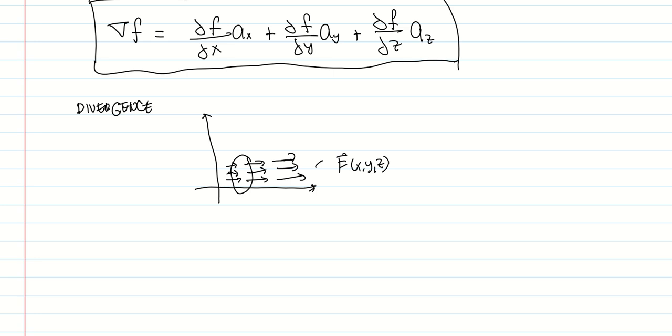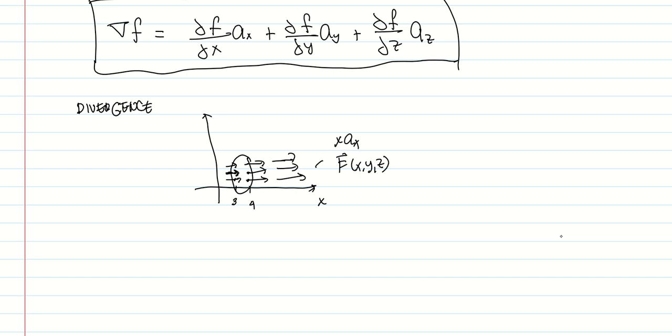What will we see if we compare the field strength? For example, this is just f equals x ax, in the direction of x. So it increases when we increase x. Let's say this is 3 and this is 4. If we compare the strength at this point and at this point, this is just 3 and this is 4.